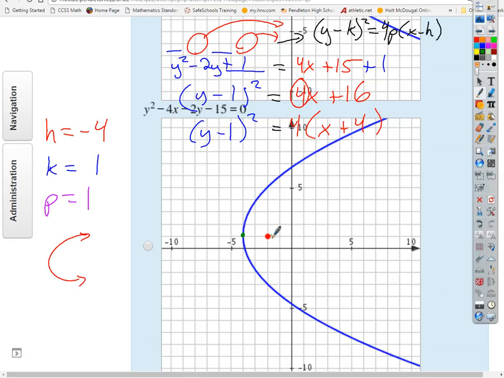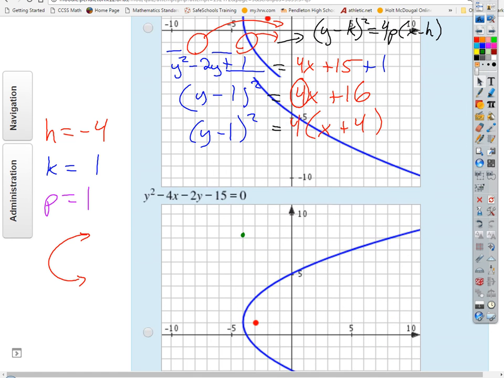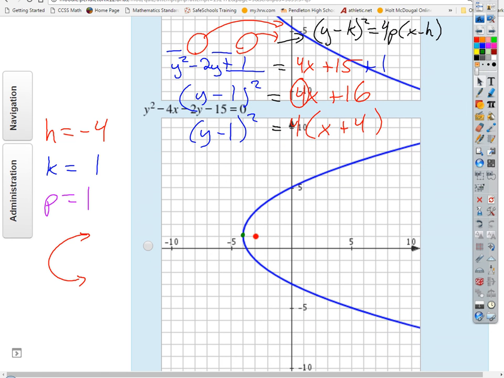And p, uh-oh, wrong p. What's the p here? 2. Okay. That looks pretty good though, doesn't it? H is -4, K is +1, that's good. So we got the right coordinates. And what's P? 1, that's it.